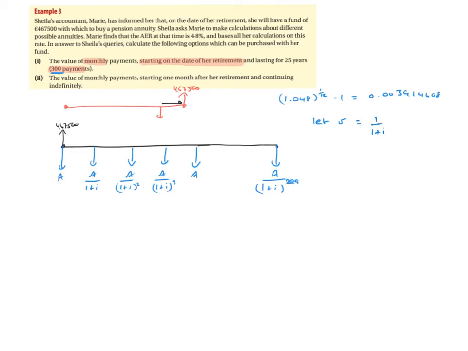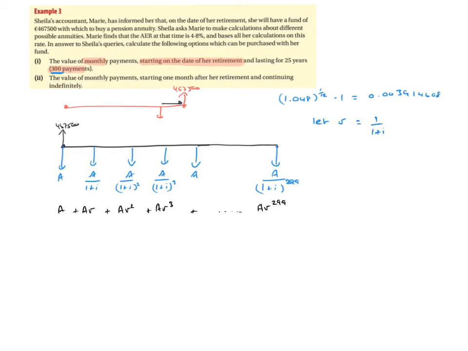Okay, so if I do that, I'm just going to say that this is going to be a, and we're going to get plus av plus av squared plus av cubed plus, and it's going to go all the way to av to the power of 299. This just makes life setting up the GP a bit easier.